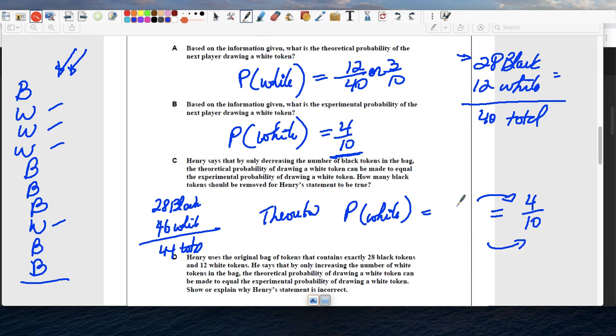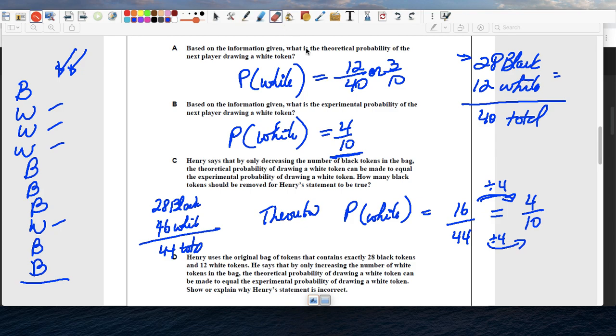I would have 16, and 16, if I divide by 4, it does give me 4. But if I take the bottom, 44, because my total changed, I added 4 more, and divide that by 4, it's going to give me 11. It's not going to give me the experimental probability of 4 out of 10, which is what we're trying to match. We're trying to match the theoretical with the experimental.